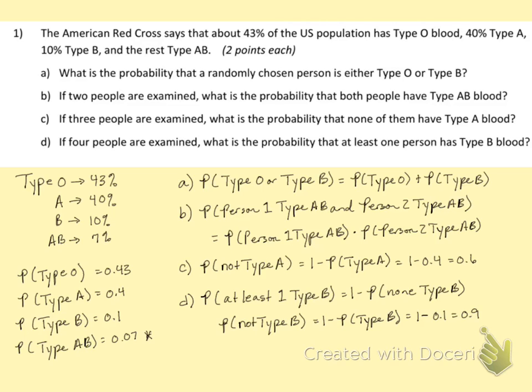So then when we come back to this idea here, this is going to equal 1 minus the probability that all 4 people are not type B. So the probability that we're not type B times the probability of not type B, I have to write this 4 times here, times the probability of not type B. I don't think I'm going to fit this.